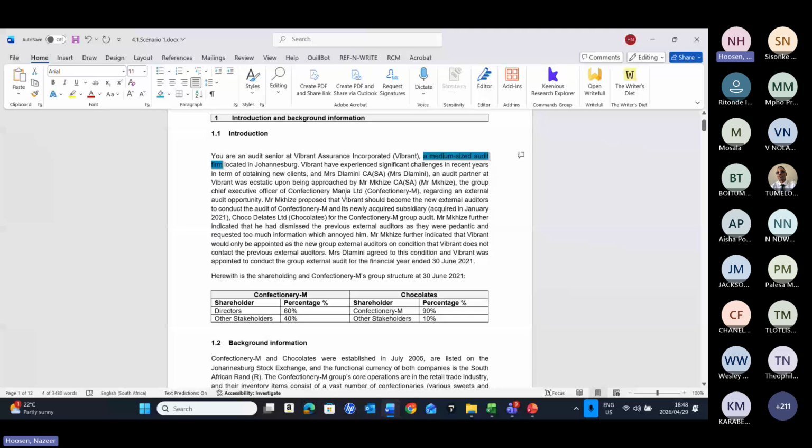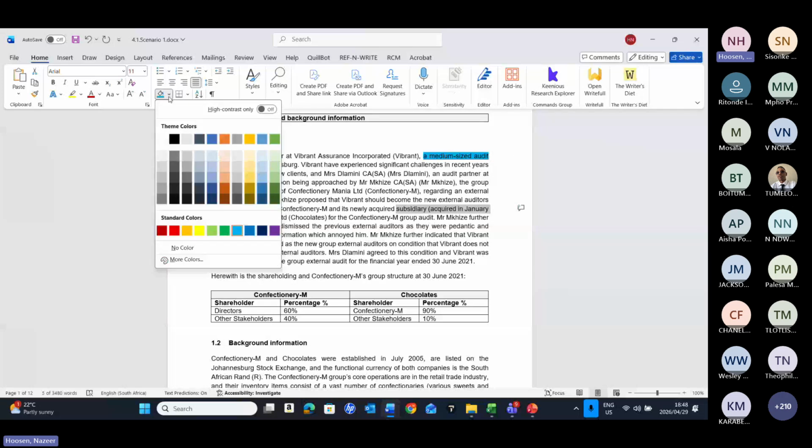Mr. Mkize proposed that Vibrant should become the new external auditors to conduct the audit of Confectionery and its newly acquired subsidiary, acquired in January 2021. So we already have a subsidiary. And when you see subsidiary or you see associate, for instance, what's the first thing that comes to mind? Anybody?